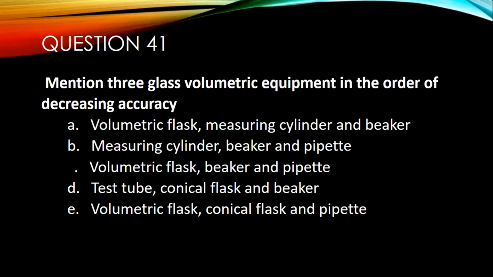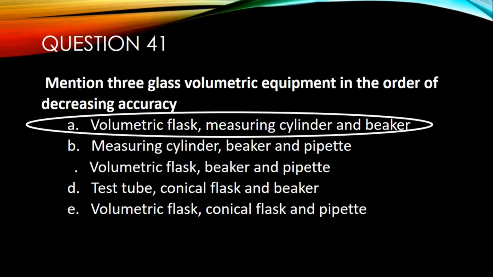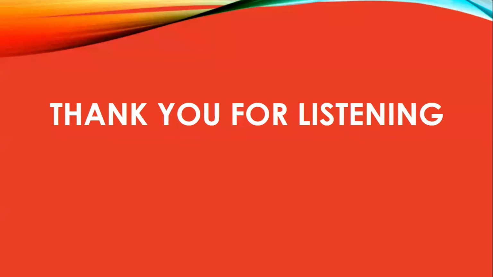C, volumetric flask, beaker, and pipette. D, test tube, conical flask, and beaker. E, volumetric flask, conical flask, and pipette. Which one do you think is the correct answer? Remember, you are mentioning them in the order of decreasing accuracy. So we'll go with volumetric flask, measuring cylinder, and beaker.